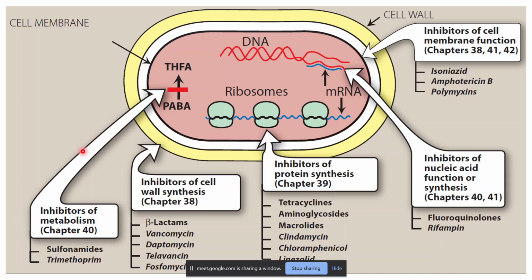the first mechanism of action is the inhibition of the metabolism and conversion of para-aminobenzoic acid to tetrahydrofolic acid. Because the cell wall of the bacteria is not permeable for folic acid, the bacteria have to produce folic acid from para-aminobenzoic acid.